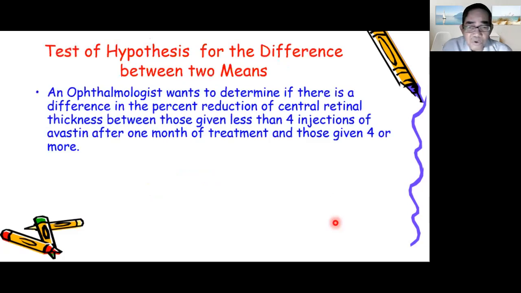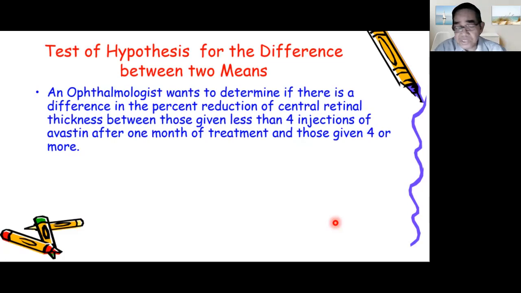Okay, let's go to an example, a test of hypothesis for the difference between two means. An ophthalmologist wants to determine if there is a difference in the percent reduction of central retinal thickness between those patients given less than 4 injections of Avastin after 1 month of treatment and those given 4 or more.